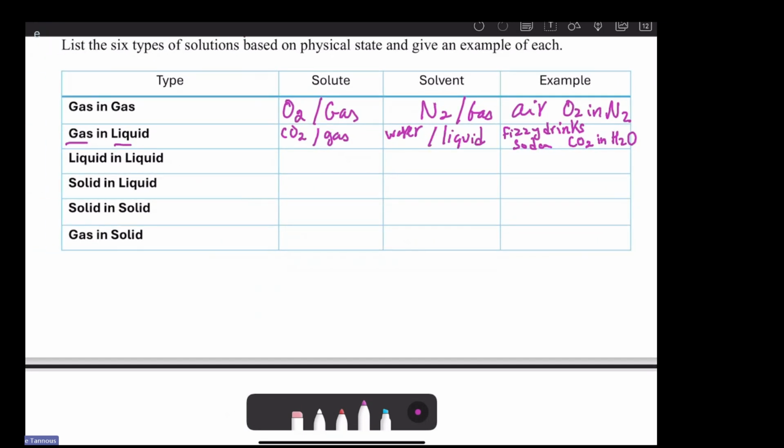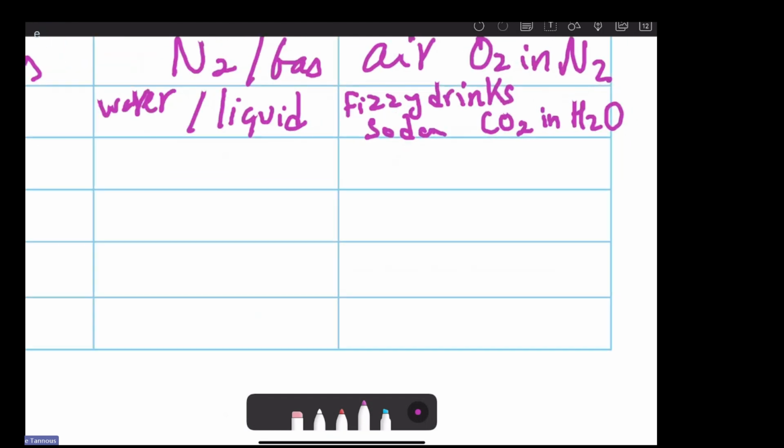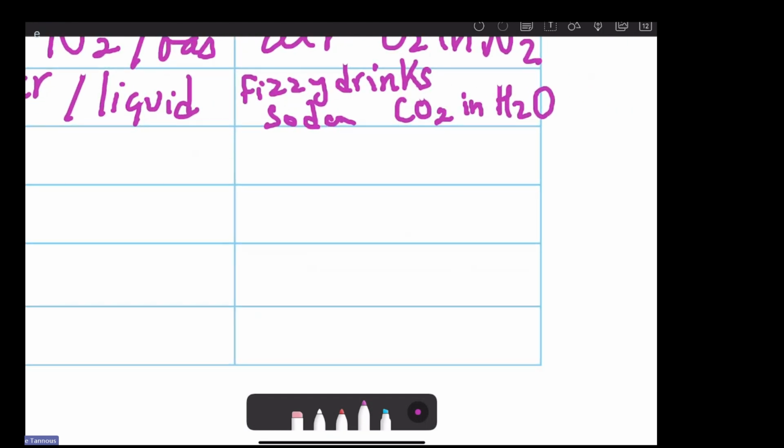Liquid in liquid. There are a lot of examples. The best and simple example is vinegar. Anything you can mix with water: acetone, vinegar, alcohol. All of these are examples that we were discussing in class. So here I'm going to write vinegar, which is acid.